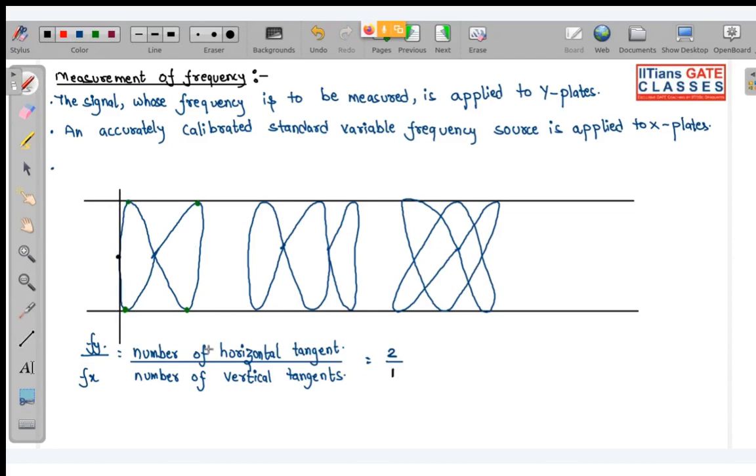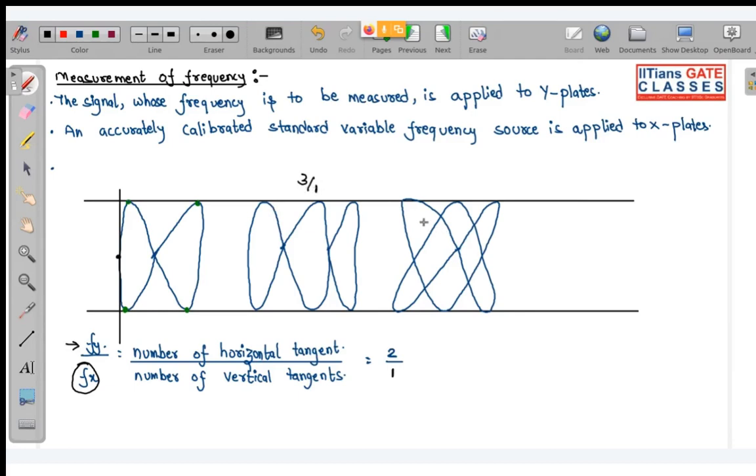Now, the moment you have this ratio, if you know the frequency of the signal you applied to your X plate, which is a standard variable frequency, you can get the unknown frequency. Like in this case, it will be 3 is to 1.